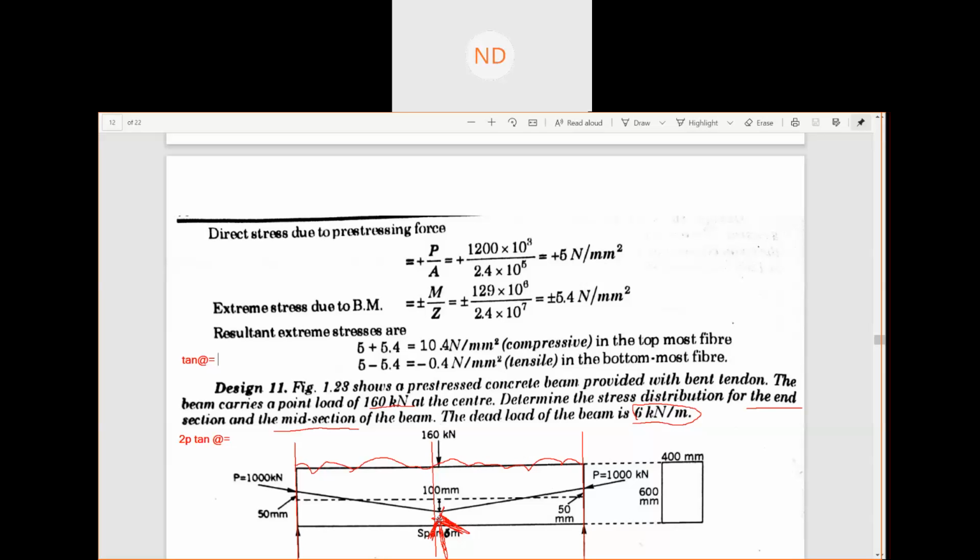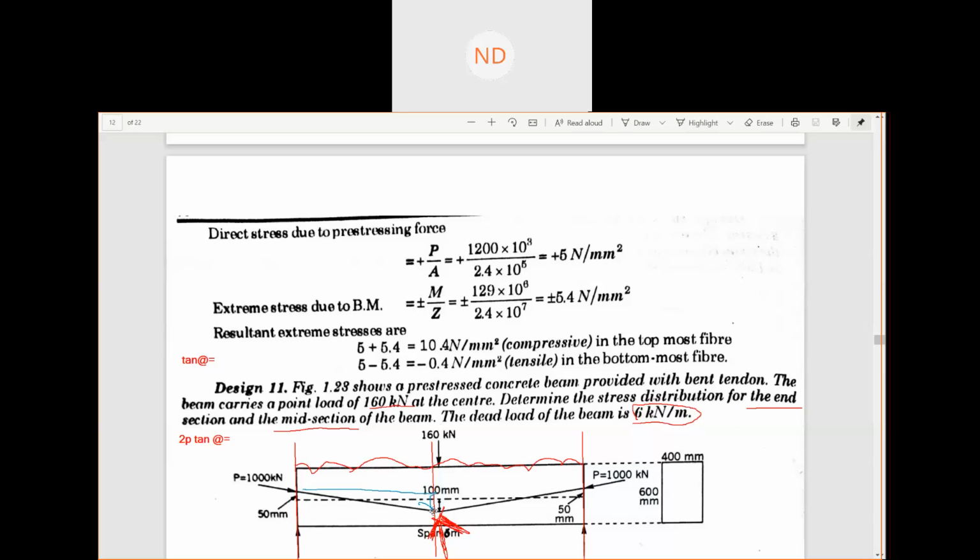50. We are finding the tan theta for this tendon, from here to here.